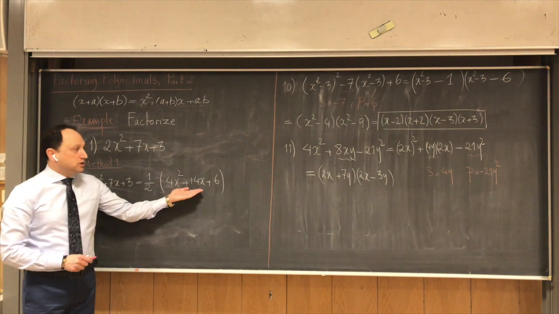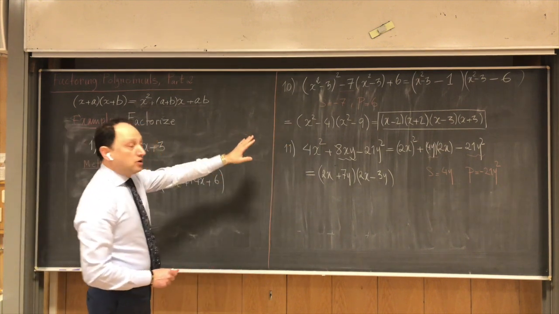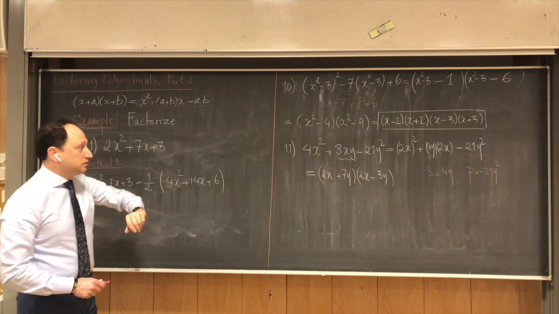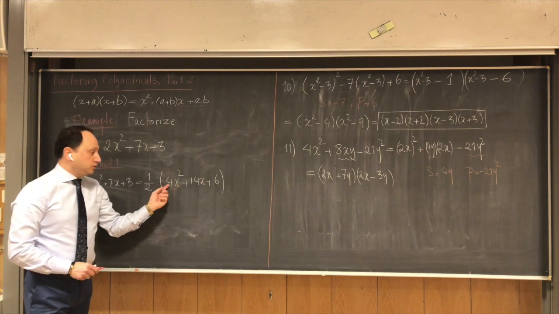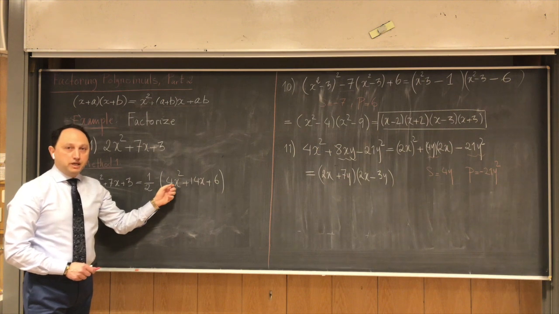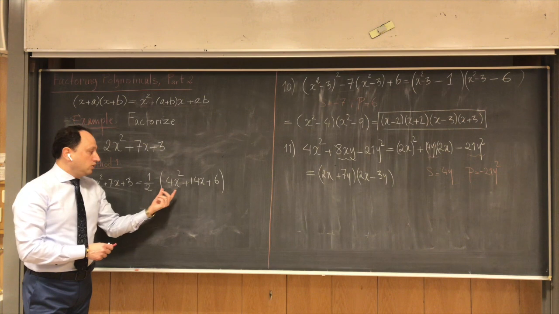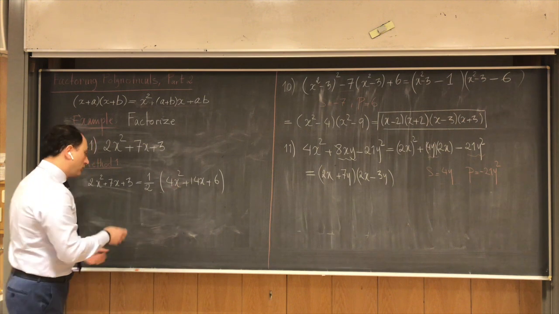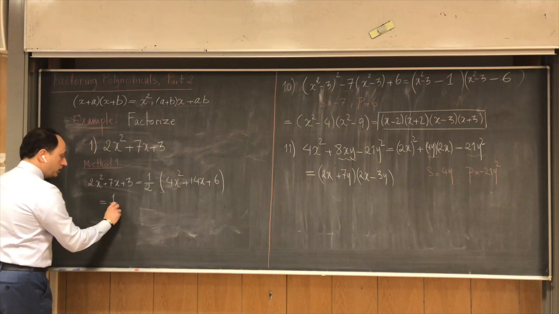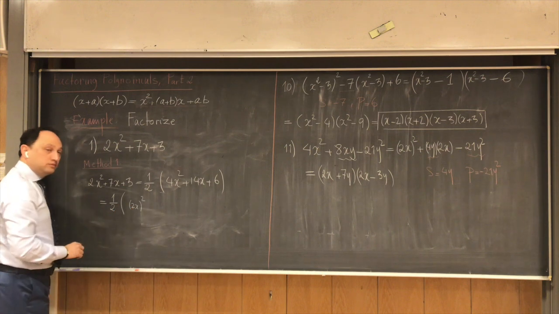But then this part of the problem is exactly the type of problem that we talked about before. I don't have them on the board, but more or less you know what to do. You have a trinomial here now, and then you have a complete square. What you need to do is give the role of the common term to 2x, by writing it as 1 over 2, and then writing 2x to the power of 2.